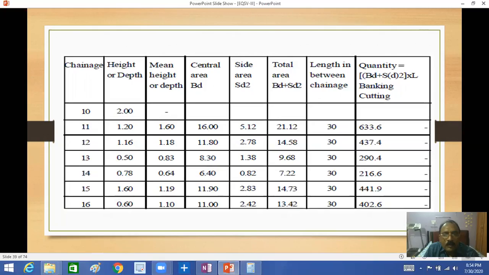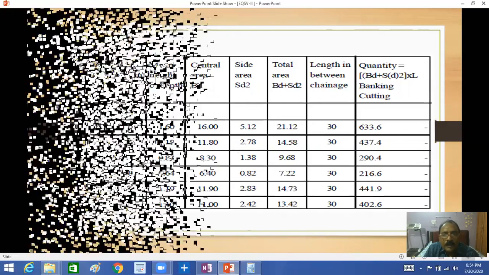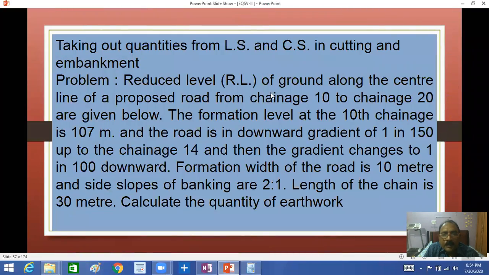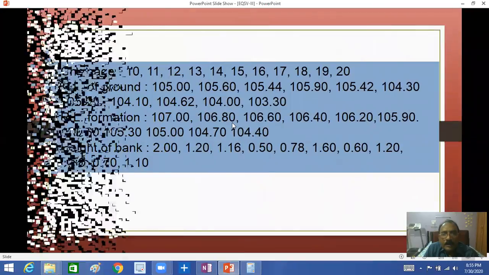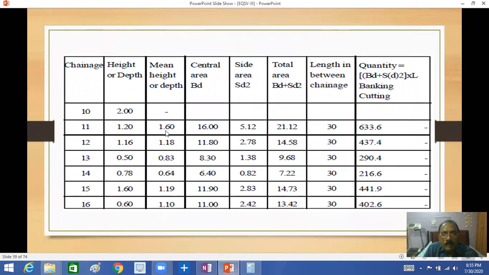What is B? B is the formation width given in the problem, 10 meters. Now 10 into 1.6 is 16. Then the side area is S times D squared, with side slope 2. So the total area is BD plus S D squared. The length between chains is 30 meters. Multiplying, you will get the quantity, 633.6.